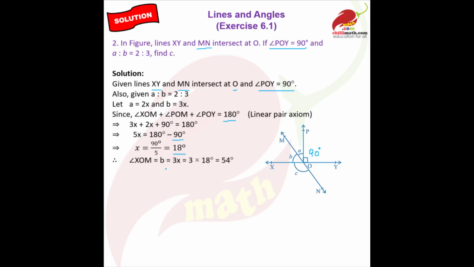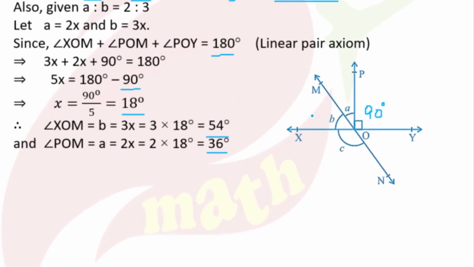So XOM, that is B, equal to 3x, x is 18 degree, so 3 into 18, 54 degree. And POM is equal to A is equal to 2x, which is now 2 into 18 degree is equal to 36 degree. So B is 54 degree and A is 36 degree.